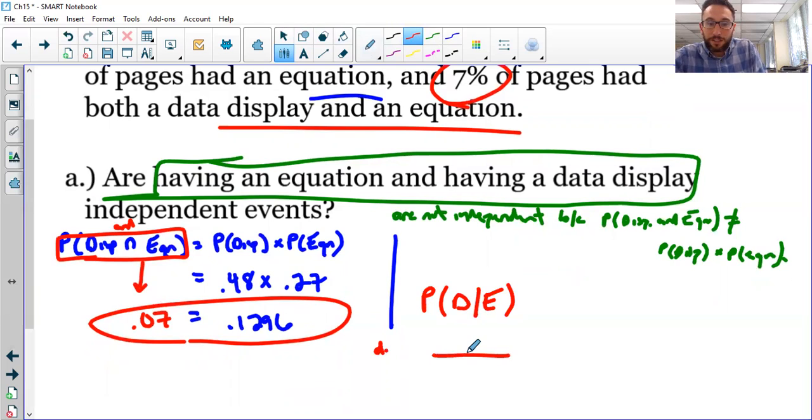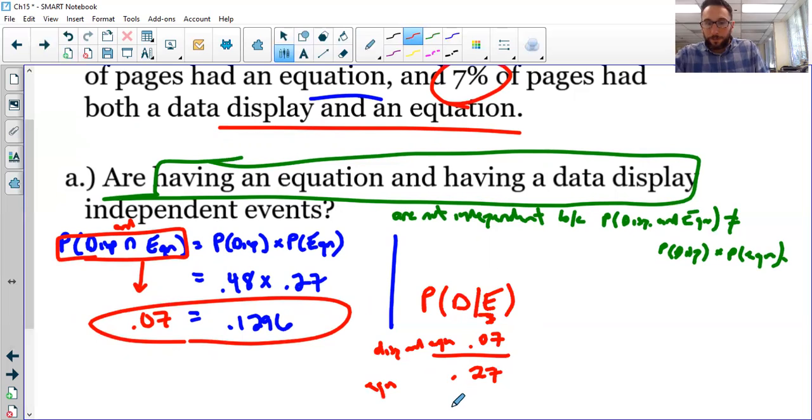So that's going to be display and equation, right? The numerator for conditional is always both. So that's going to be 0.07 over the total probability of an equation, which was 0.27. That gives us something close to 25% because it's almost 7 out of 28.